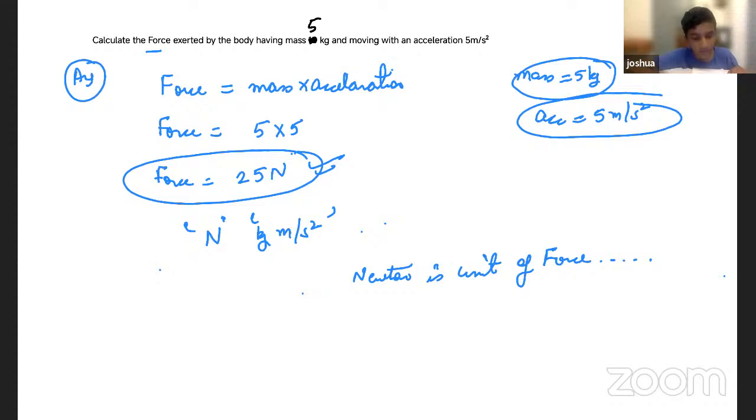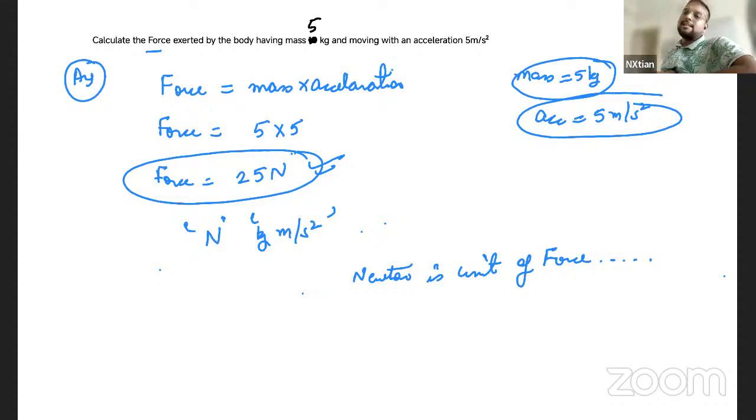The change in momentum in time t equals p2 minus p1. The rate of change of momentum equals p2 minus p1 by t. According to the second law of motion, the magnitude of the force F is proportional to p2 minus p1 by t.